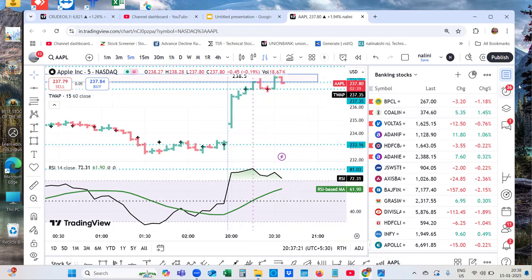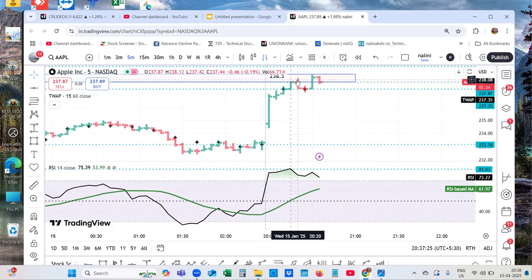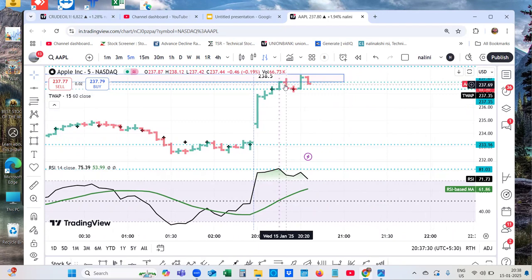And here what can be avoided is this: immediately after seeing the resistance and this red candle, amateurs press the sell button. That is not the right thing.